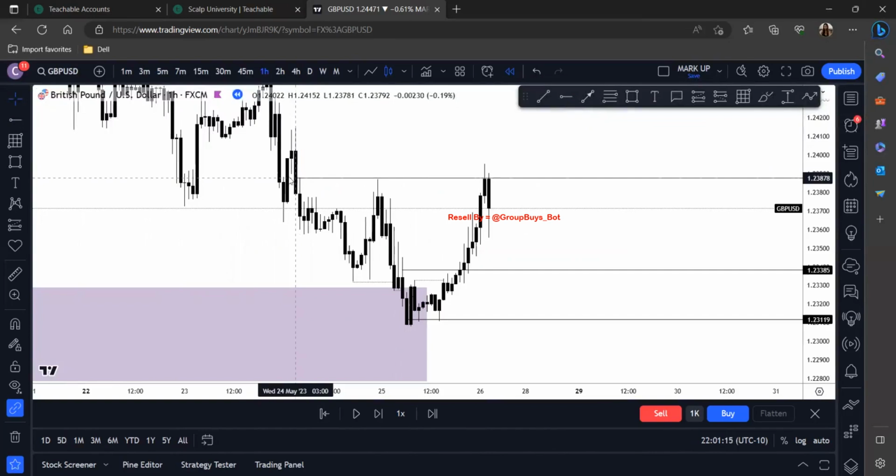even for those people that don't really trade or aren't very familiar with imbalances and things like that, look at this area here. These are really key areas too.